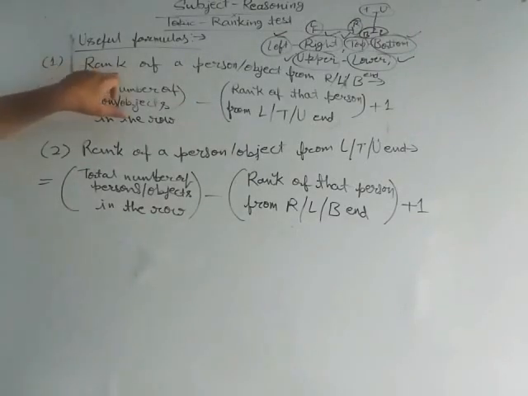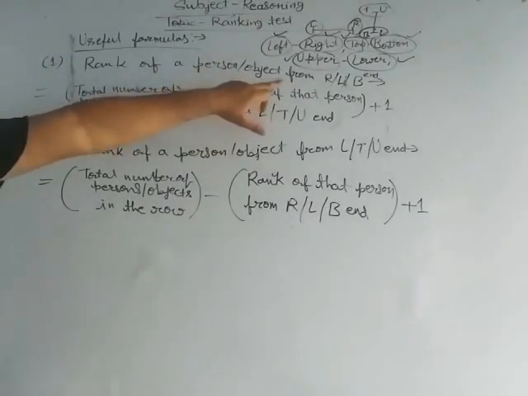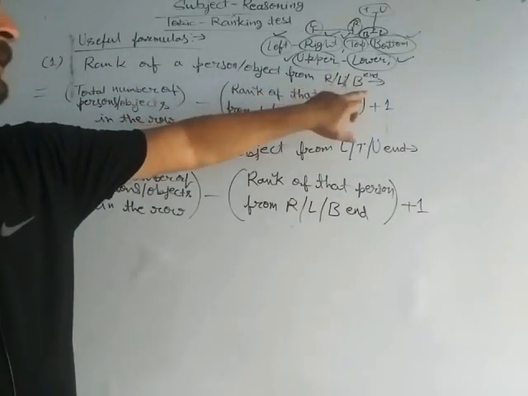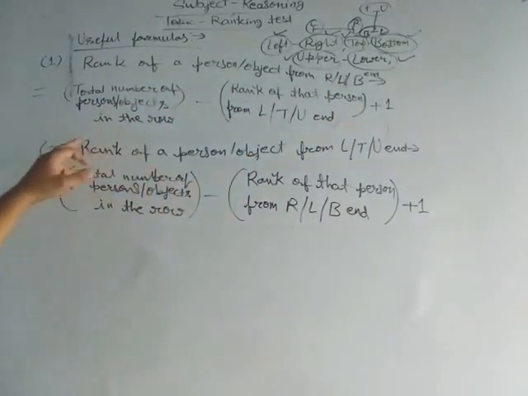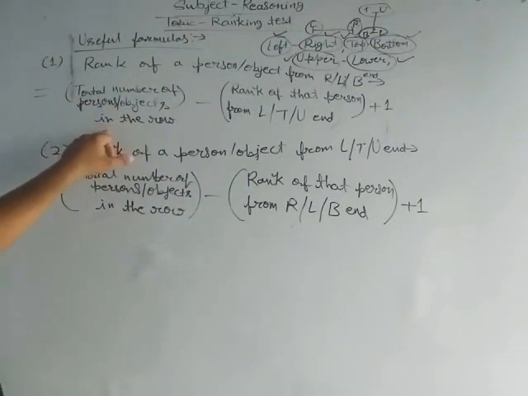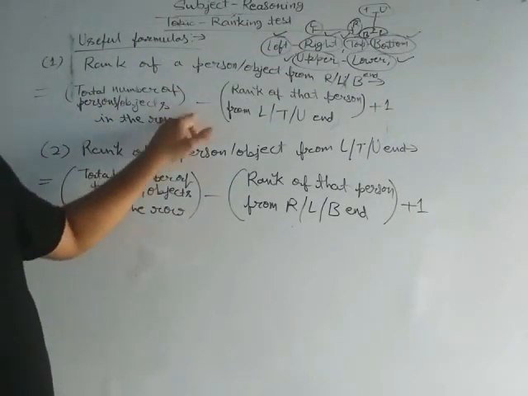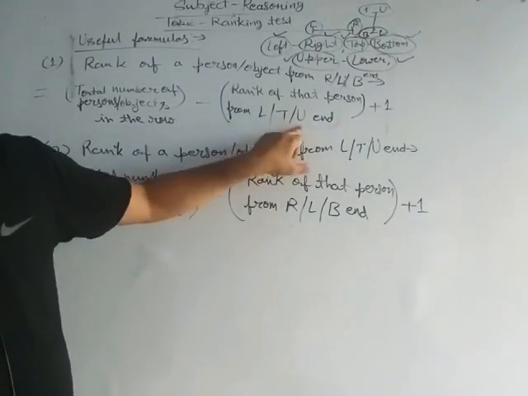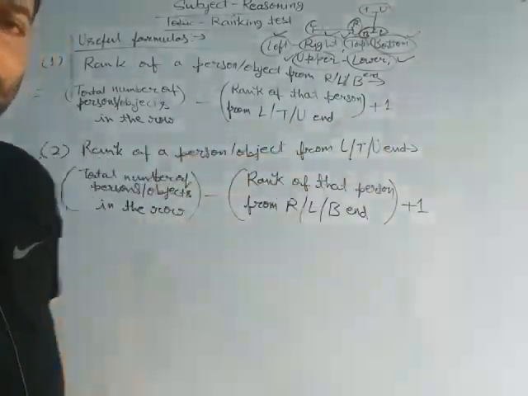First, for rank from right, lower and bottom end: total number of persons or objects in the row minus rank of that person from left, top or upper end, plus 1.